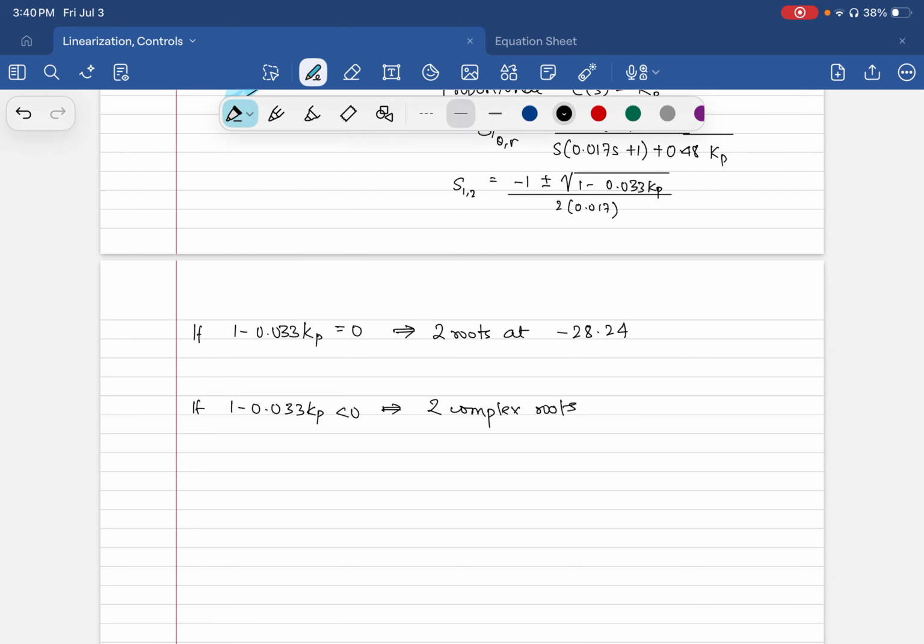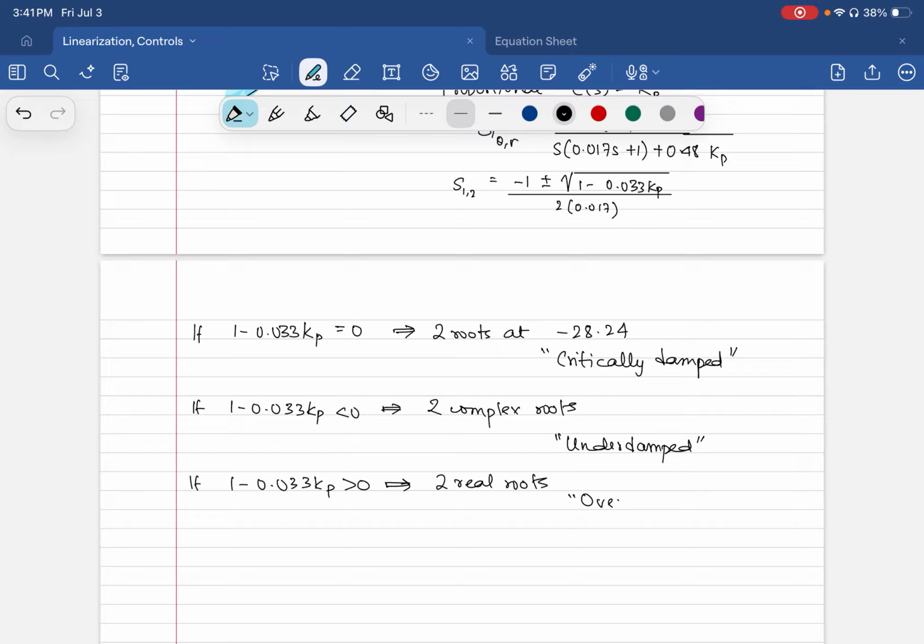That would be underdamped. This here is critically damped. And then finally, if 1 minus 0.033 Kp is greater than 0, you would have two real roots, which is the overdamped case.